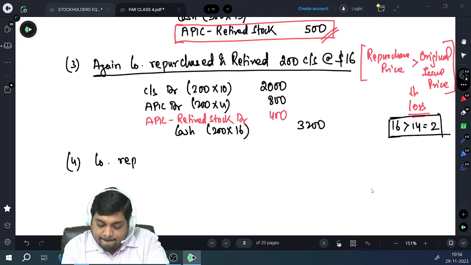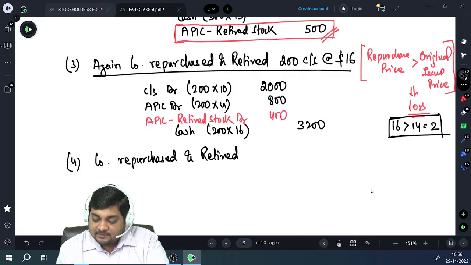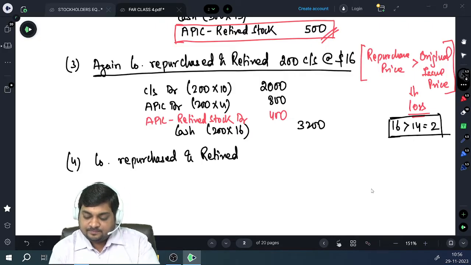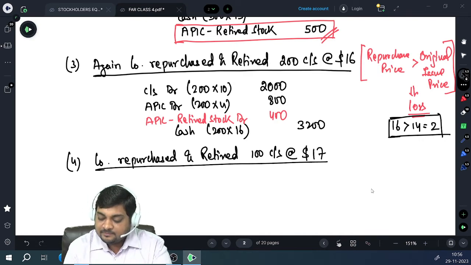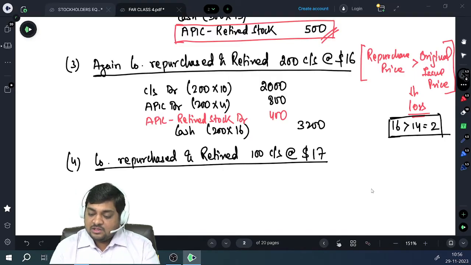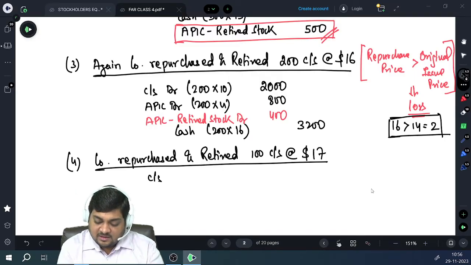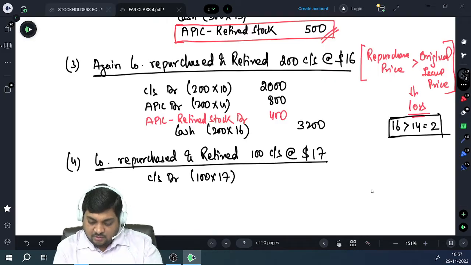Company repurchased and retired 100 common stock at the rate 17. Again, this is the same. Repurchase price is more than the original price. So common stock debit 100 into 10, the par value.